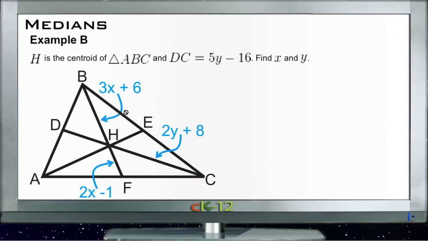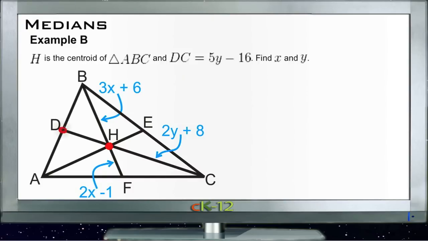Example B says H is the centroid of ABC. So here's our centroid of our triangle, the center of all our midpoints. And DC equals 5y minus 16. We need to find x and y.